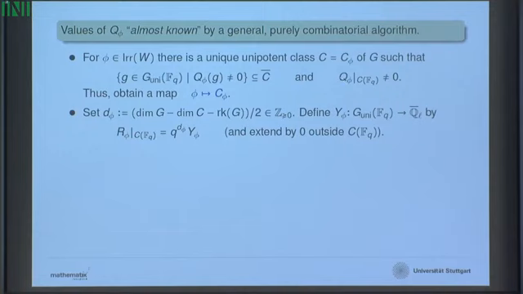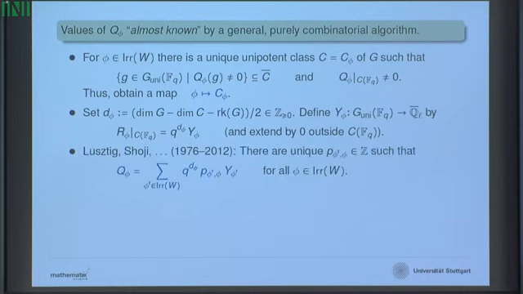So I said Q phi is non-zero in this class, so we take the restriction and define just this function here, but rescaled by this power here. And then there's this big theorem, first versions of which were already available quite early in the theory, but with restrictions on p and q: the characteristic had to be large, the power of the prime had to be large, and so on.